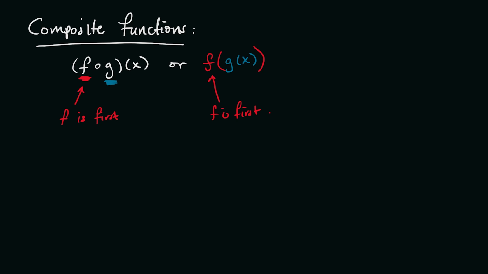Now, since g is second, g is second, that means that over here, g is the input for f, if that makes sense. Because whenever we have composite functions, there's always going to be an inner function, and there's always going to be an outer function. So that's how we split this notation up.